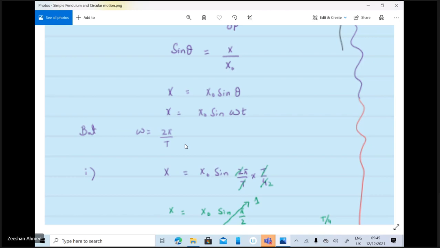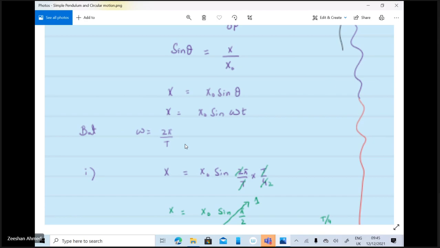Now I have a question to all of you. This is a complete circle, like a complete clock from 0 to 12 o'clock. Let me divide it into 4 equal parts. This is 0.